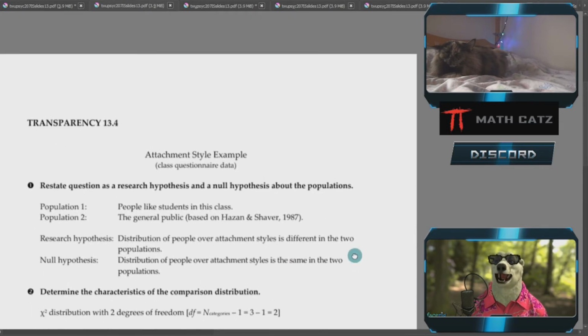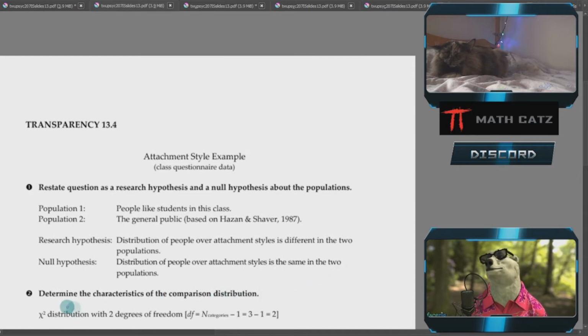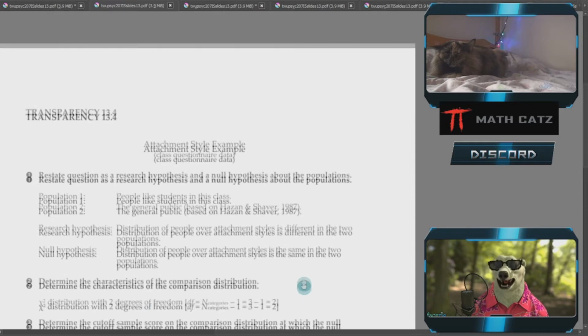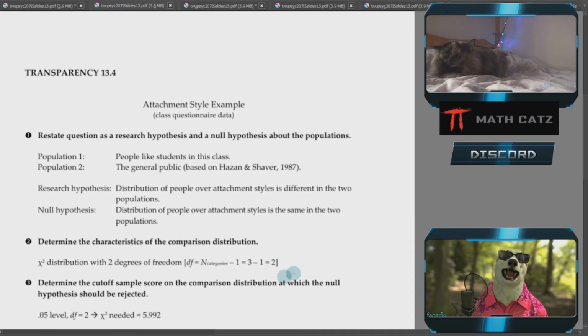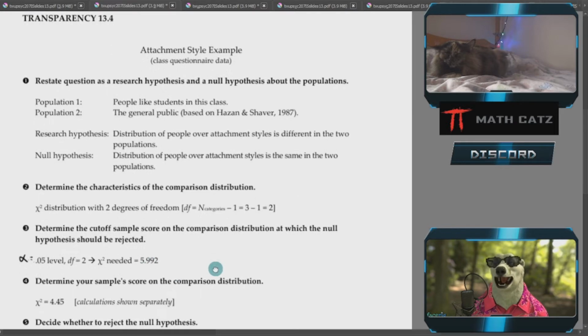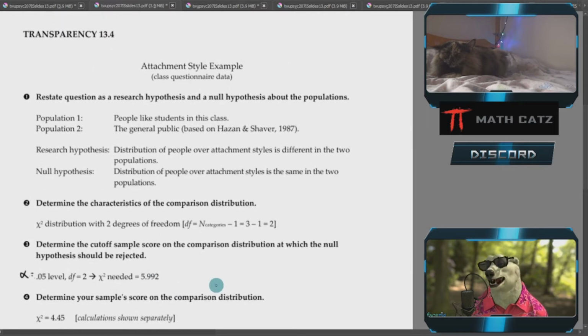So then we look at our chi-square distribution, 2 degrees of freedom, 1 less than the number of categories. And we're going to use an alpha of 5%. With those degrees of freedom, we saw in our table that our cutoff line was at 5.992. We calculated our observed chi-square statistic, comparing the observed to the expected, got 4.45.